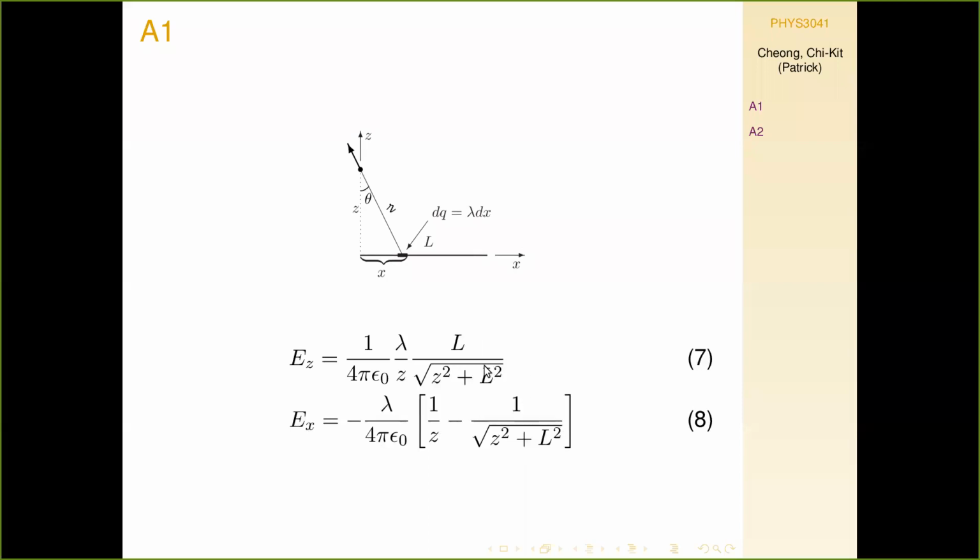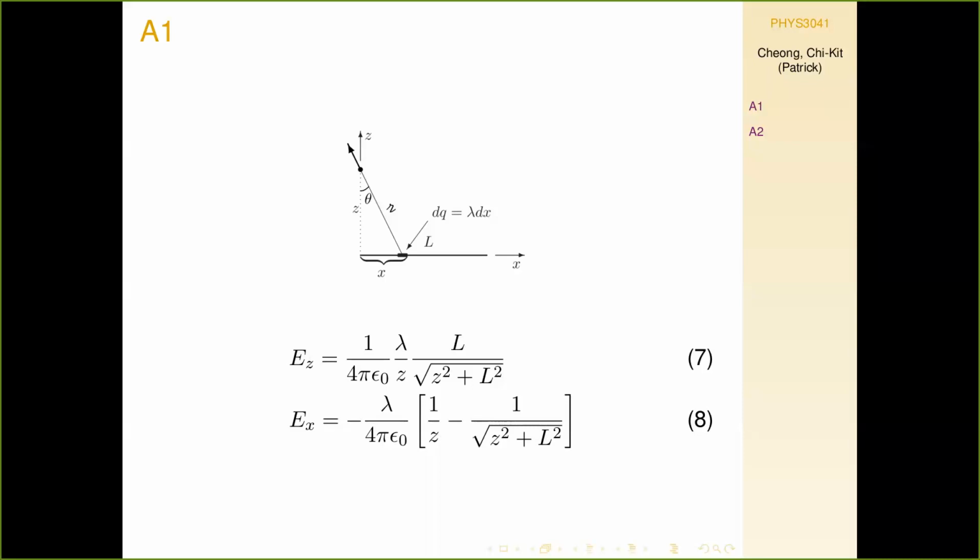Once you do the integration properly, you will obtain these two results. Again, they represent the z component of the electric field and also the x component of the electric field. And then if you combine these into a vector form, you have obtained the solution you want.